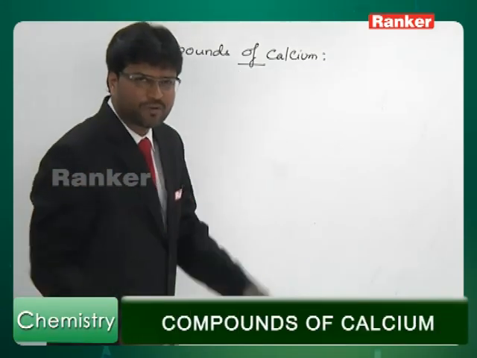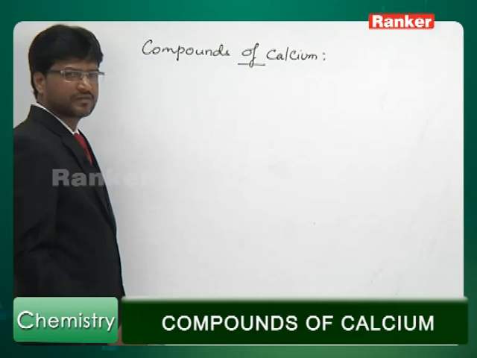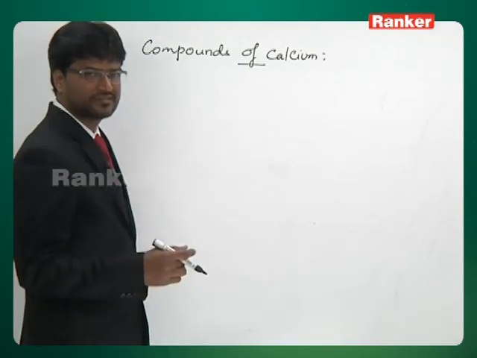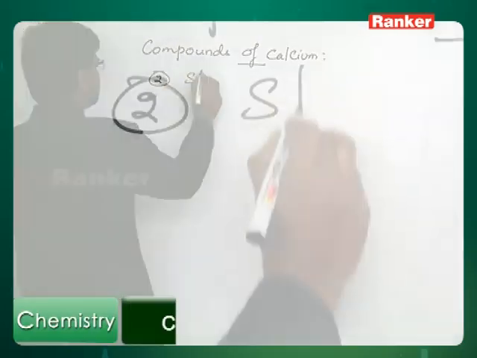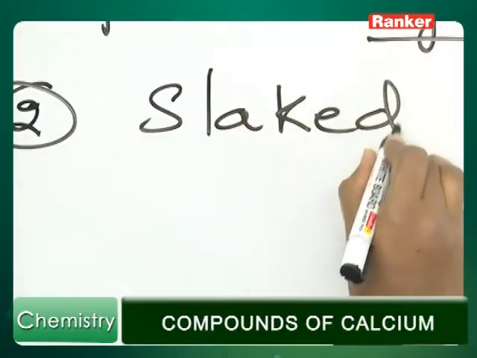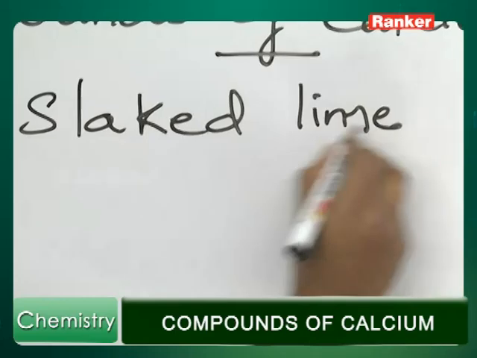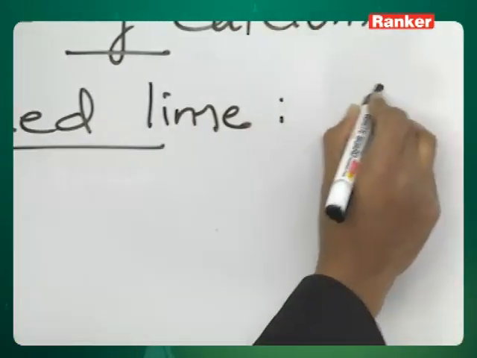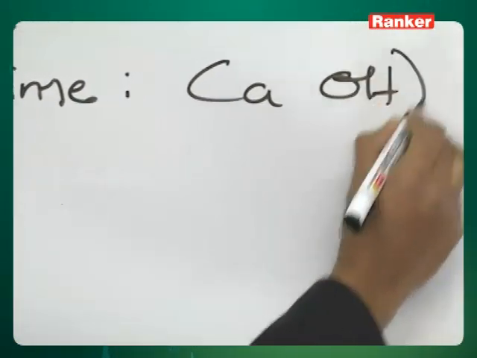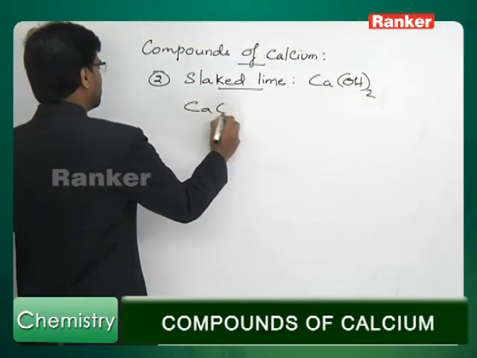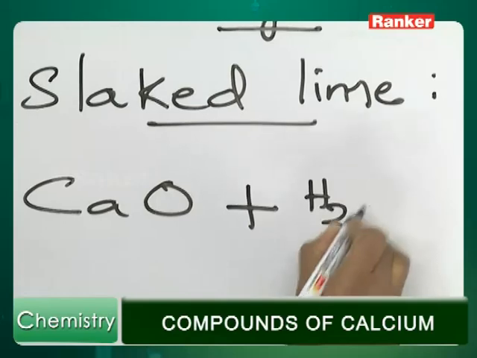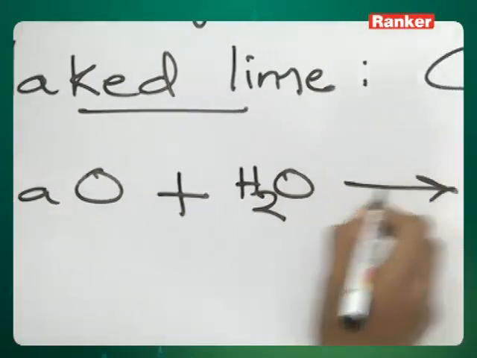Well, the next compound of calcium is calcium hydroxide, which is popularly called slaked lime. The chemical formula of slaked lime is calcium hydroxide, Ca(OH)2. As I told you, this is obtained by mixing water with calcium oxide.